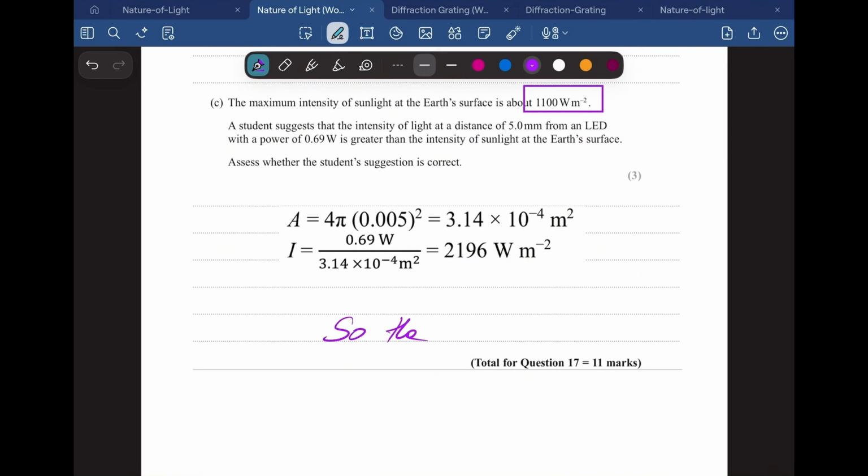So the student is correct. Make sure to write this final statement, otherwise you will not get the third final mark despite doing the math correctly.